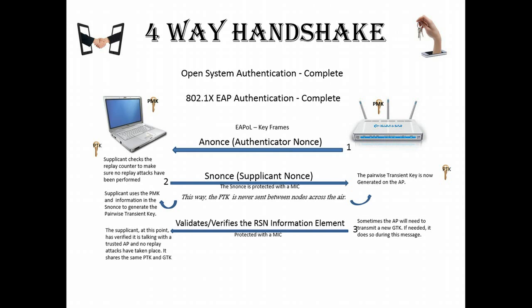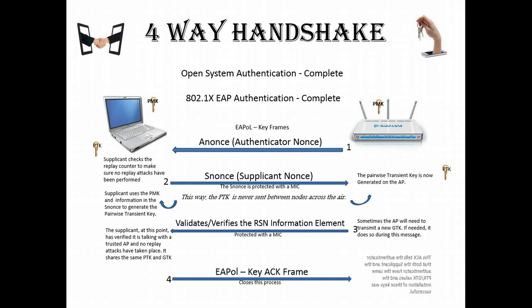Once the supplicant receives this frame and has verified it's talking with a trusted AP, no replay attacks have taken place, and it shares the same keys on both sides, it will send frame number 4, and that's basically just an acknowledgement of just that. We share the same keys, no attacks have been performed, this process has been secure, and we can close this process.